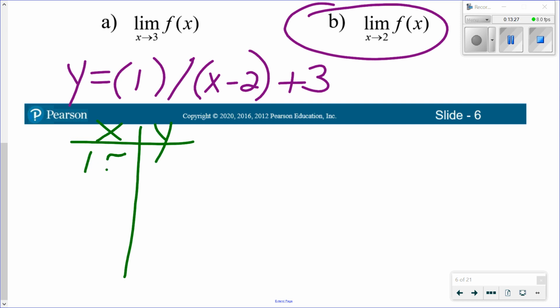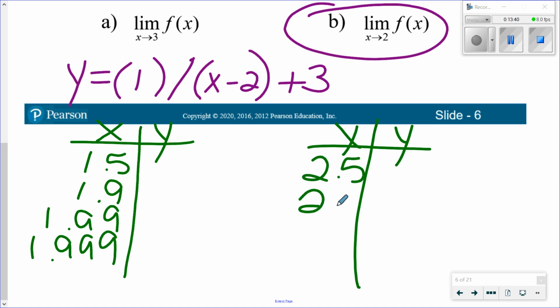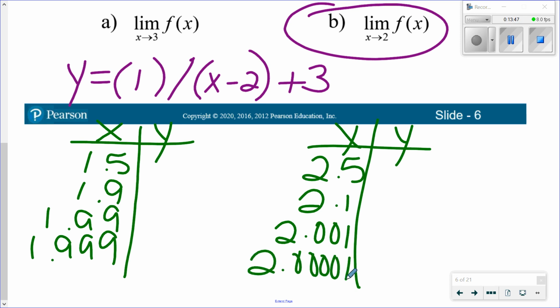So let's say we start at 1.5, 1.9, 1.99, 1.999, and x and y, so 2.5, 2.1, 2.001, 2.00001. Okay, so let's say those are our values. Again, you can choose whatever values you want. You need to try to get really, really, really close to 2 without actually using the number 2.